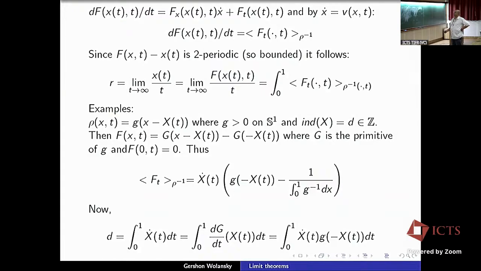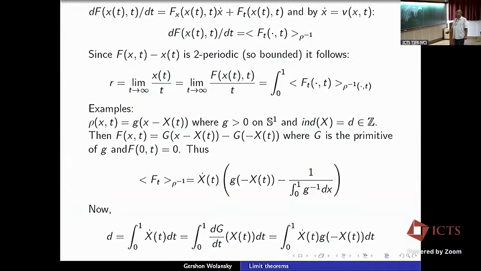We get this thing: the velocity of this shift, times this difference g at minus x_t, minus 1 over the integral of 1 over g. Now, what is d? d is the distance that x travels in unit time. So it's the integral from 0 to 1 of x dot.